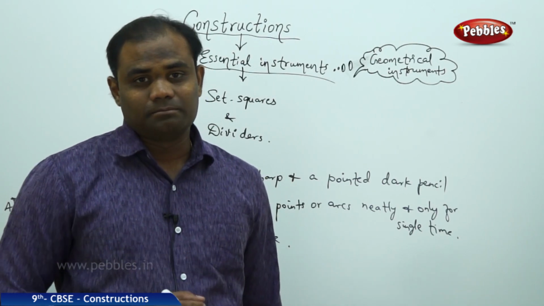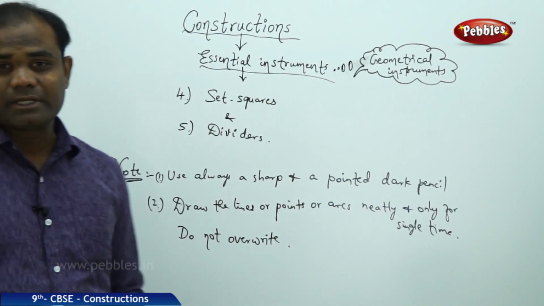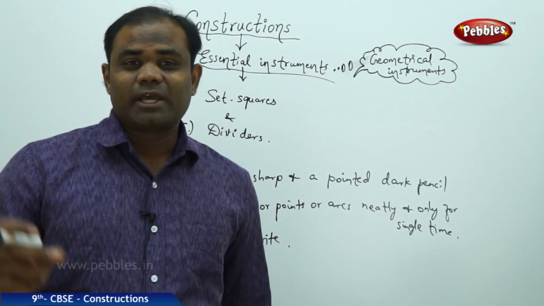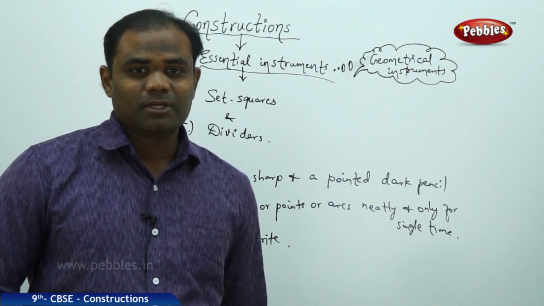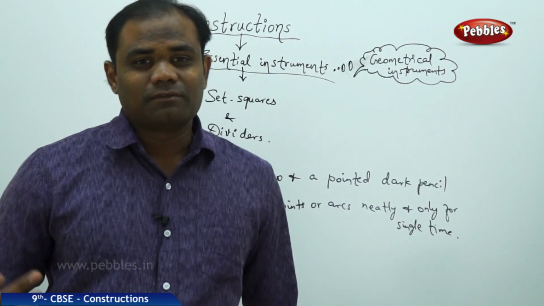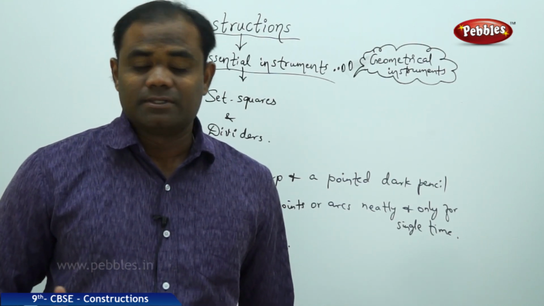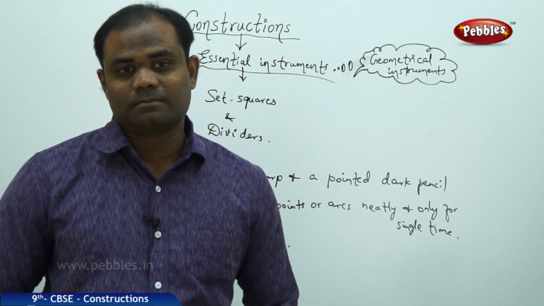Do not overwrite them. So these are the two important notes which we need to take into consideration if we want to achieve a perfectly constructed diagram. Keeping in mind these two important notes, let's see in each of the steps how to construct different diagrams using the mathematical properties to be followed.